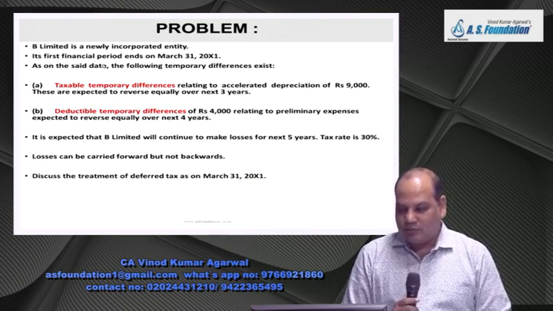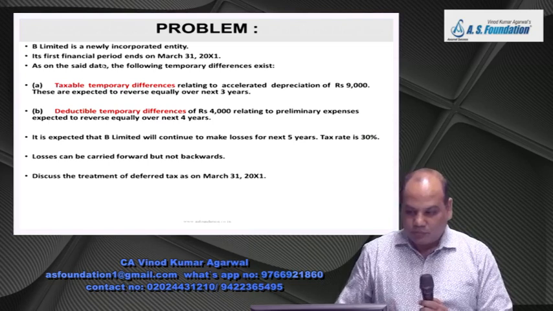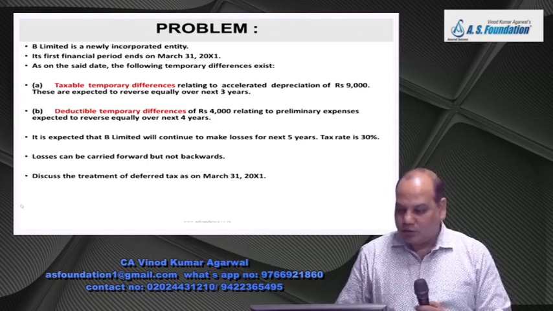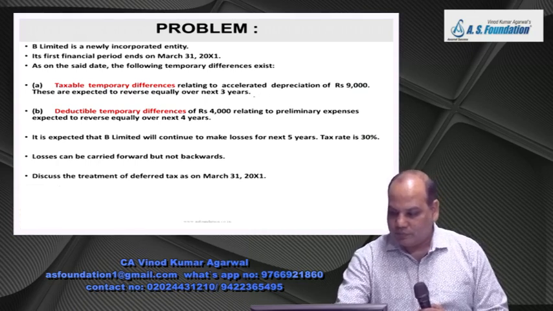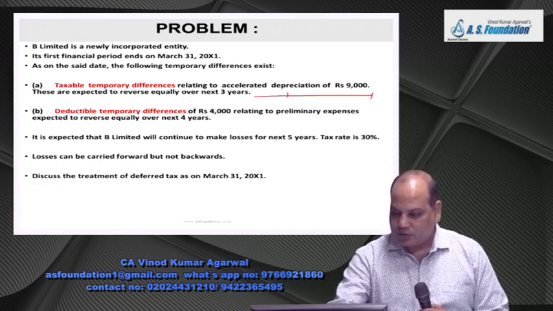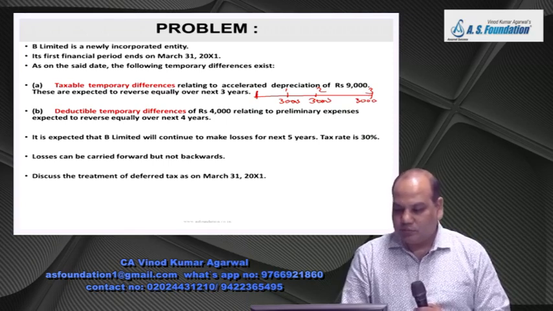A. TTD related to accelerated depreciation of rupees 9,000. These are expected to reverse equally over the next 3 years. Year 1, 2, 3: 3,000, 3,000, 3,000 will reverse in the next 3 years.